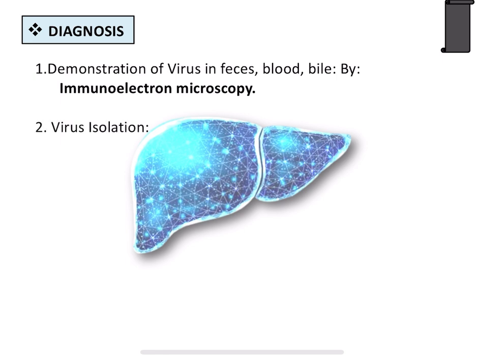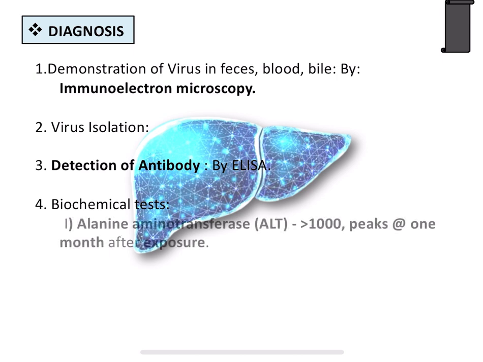Then we also have virus isolation, and the detection of antibodies with the help of enzyme-linked immunosorbent assay, and biochemical tests like alanine aminotransferase, where the levels are more than 1000 and peak 1 month after the exposure.